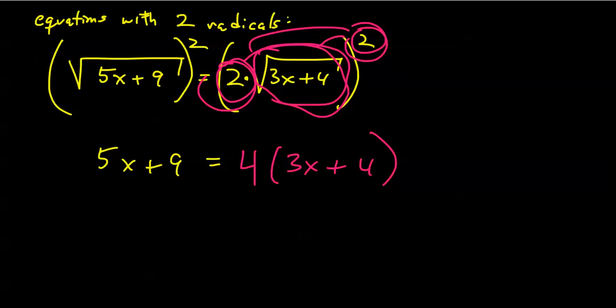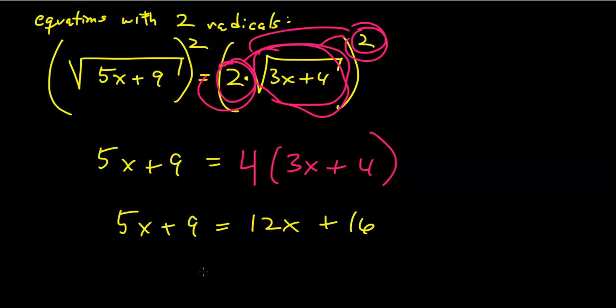Okay? Alright, so applying my distributive law and working things out a little carefully, I can now turn this into really a chapter 2 type equation. 4 times 3x is 12x, and 4 times 4 is 16 on the right hand side.